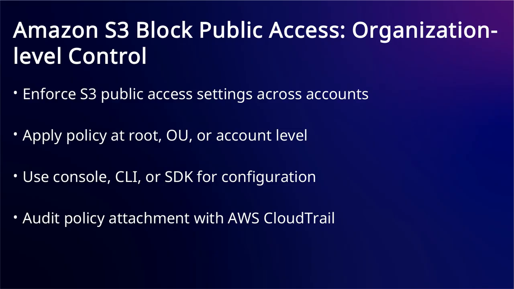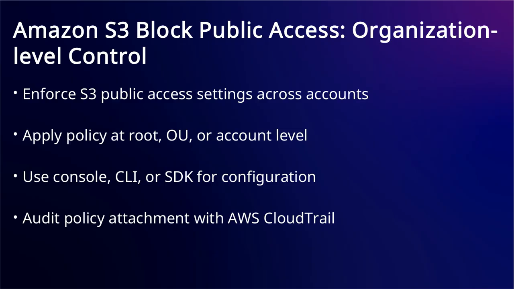Managing public access settings for S3 buckets across multiple AWS accounts can be challenging. The new organization-level control for S3 block public access addresses this by allowing you to standardize and enforce settings across your entire AWS organization. You can enforce S3 public access settings across all accounts using a single policy configuration.